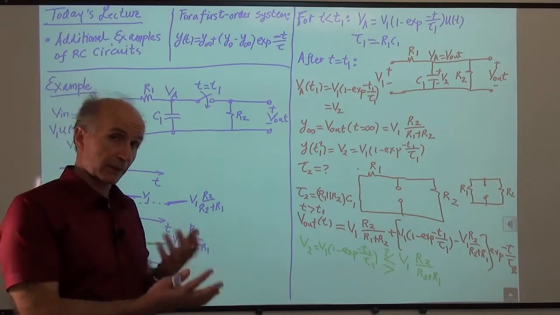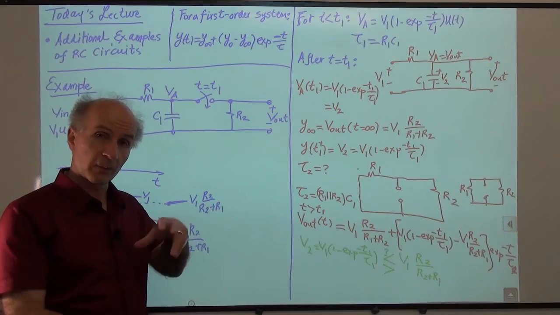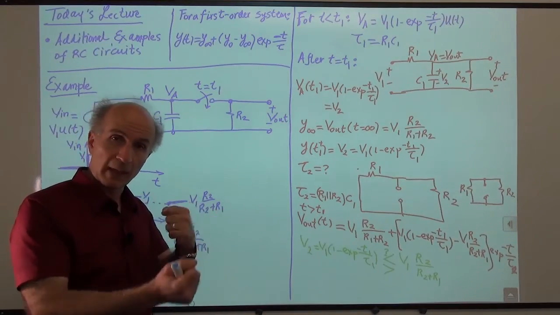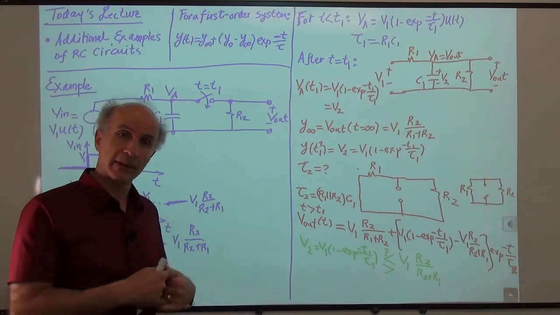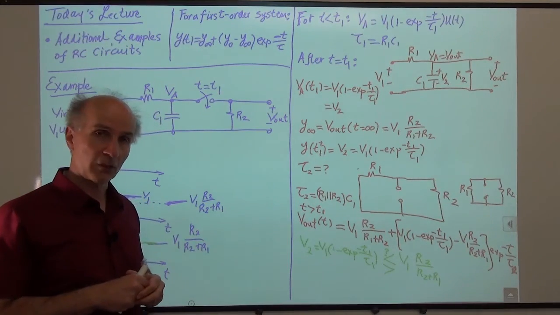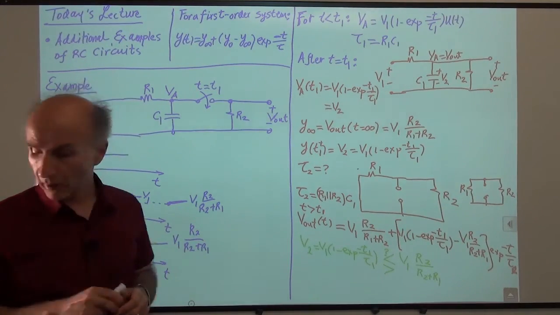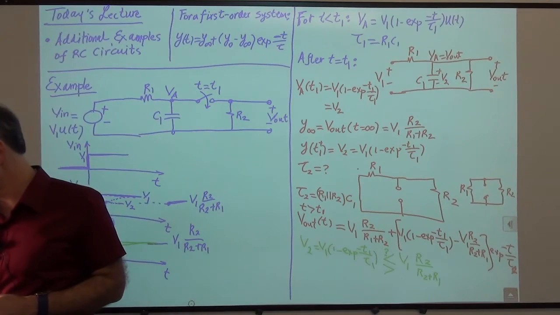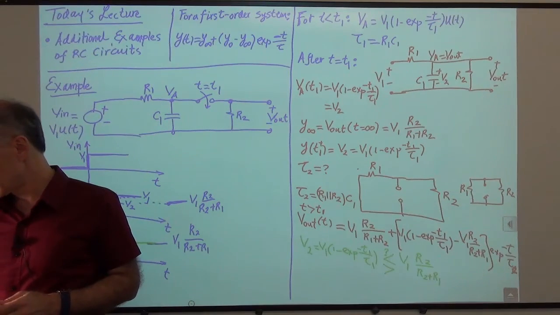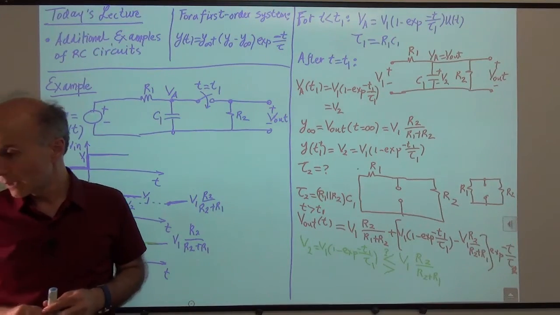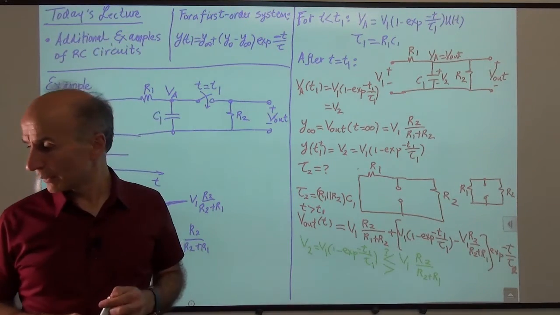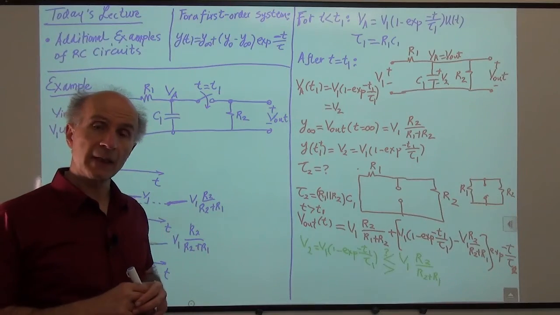We see that the time constant of a circuit can actually change because we're switching things around. Some parts of the circuit are going out of the circuit or coming into the circuit. So certain things are changing. All right, let's see if there's anything else about this example that I wanted to mention. All right, that's all. Okay, so we're going to go to another example, which is also very interesting.